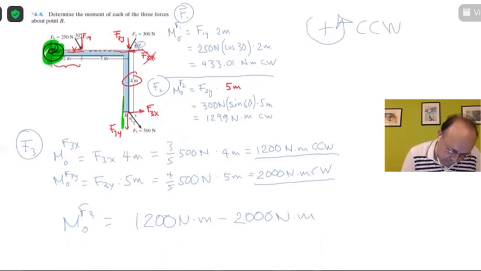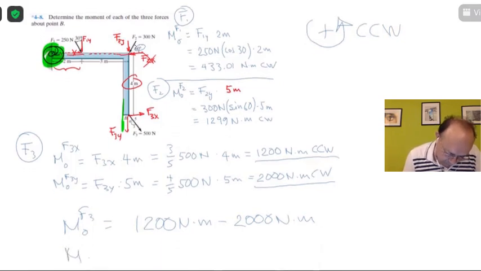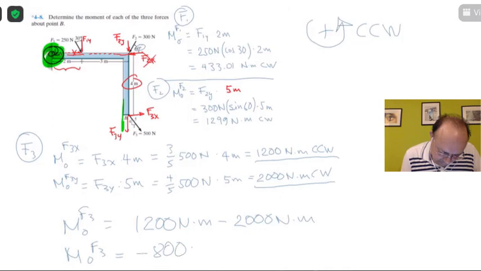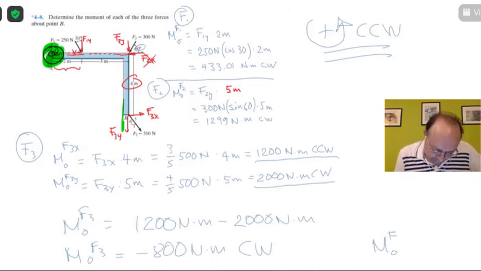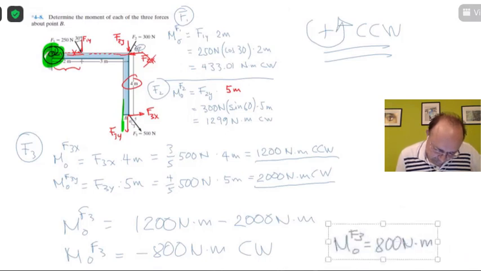So the moment of the force 3 is going to be minus 800. Since I got negative, it means that it's the opposite of this, so it is clockwise. So the moment of the force F3 with respect to O is equal to 800 newton meters clockwise.